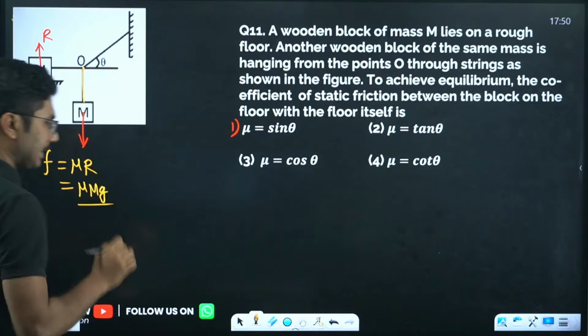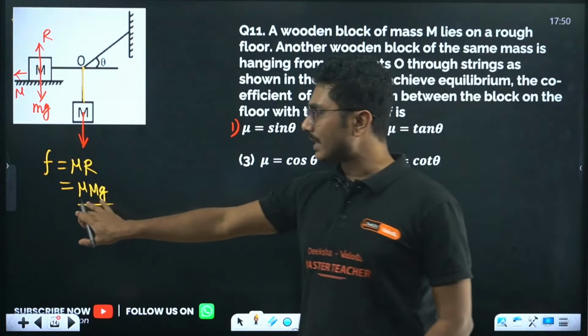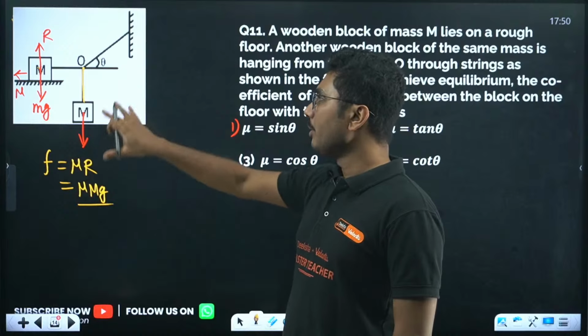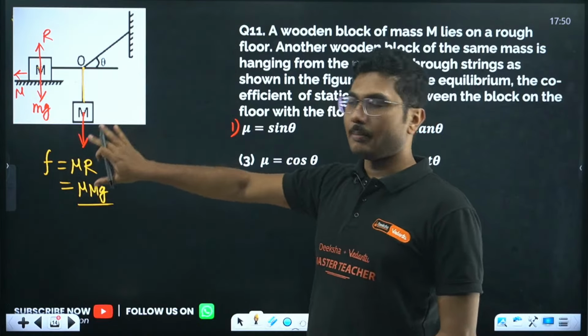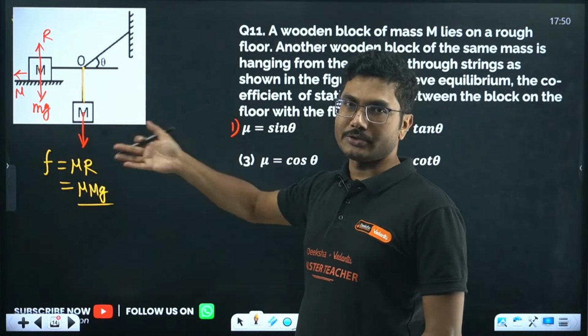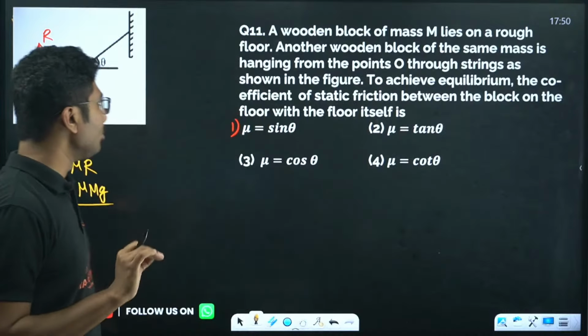Normally mu mg is the case, but sometimes at some angle it will not exactly be mu mg. Mu R is always correct. Suppose it's on an inclined plane, the frictional force might change, but mu into R is always correct. The reaction force can change based on the situation, so be careful. Do not always write mu mg.